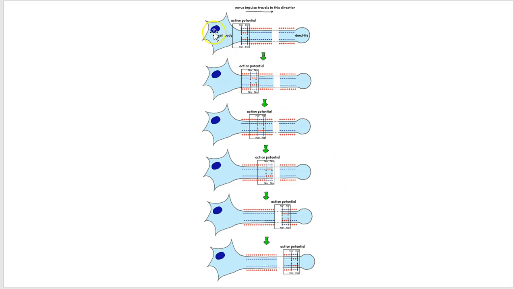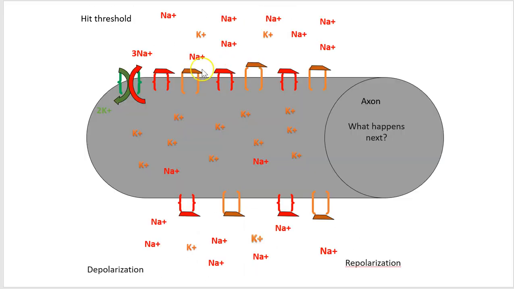Now, this neuron can fire very quickly, and it may have to fire again very quickly. So how does it get back to its resting potential? How do we get the sodium back where it was and the potassium back where it's supposed to be, in order to get back to resting so that it can fire another action potential? What it's going to use is that sodium potassium pump.